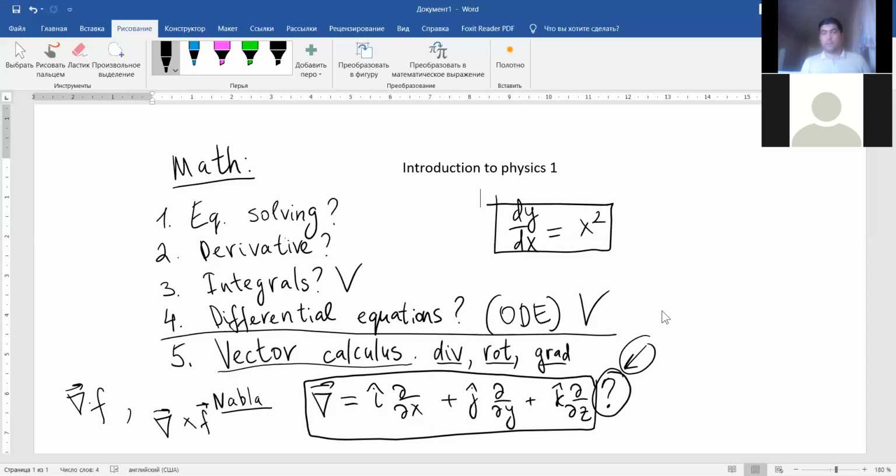This will be in energy. When we deal with energy, conservative, non-conservative forces, I'll explain what is gradient. Okay, this is what you need to know from mathematics.